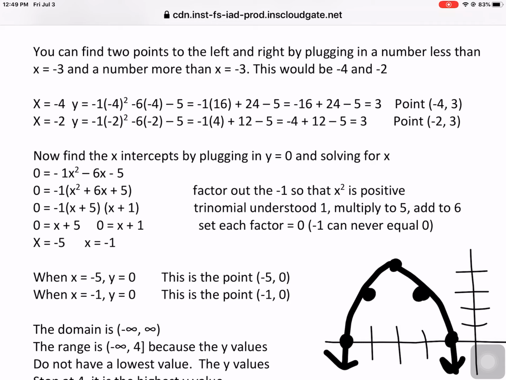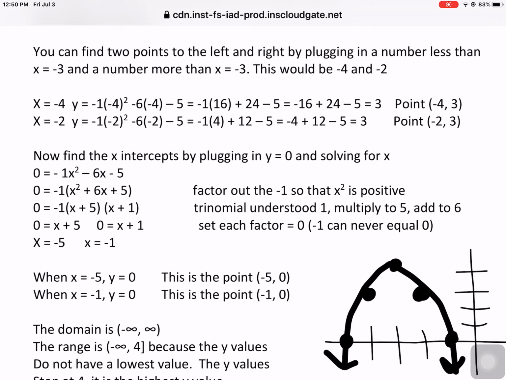It's an understood 1 now inside, so what multiplies to 5 and adds to 6 will be 5 and 1. Okay, set each factor equal to 0. Notice that -1 can never equal 0. You could also think of if you divide by -1 on both sides, that -1 will cancel and you'll still have 0 on the left.